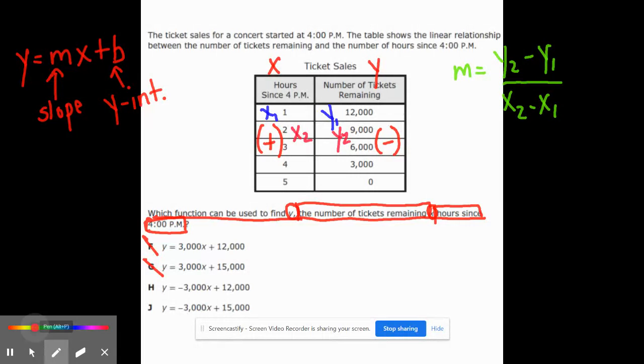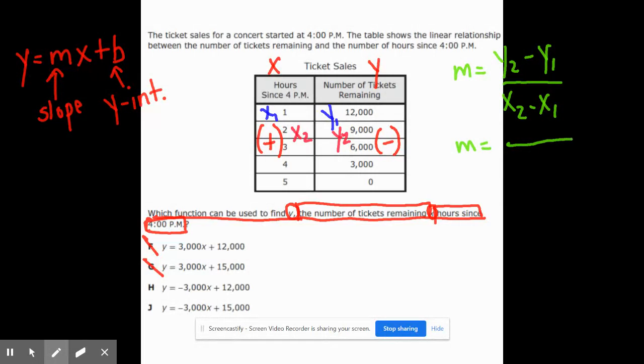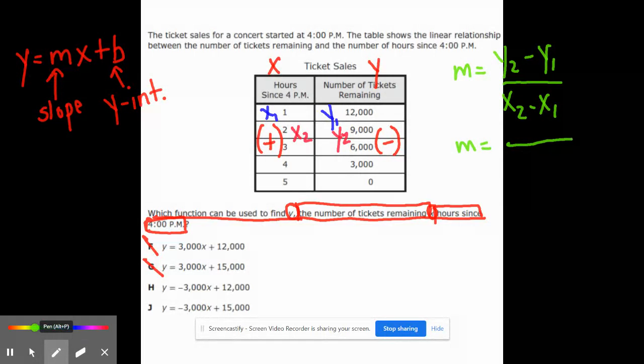All right, so let's go ahead and get our setup. m equals, we've labeled, so now let's substitute. We have y2, so 9,000, minus y1, which is 12,000.